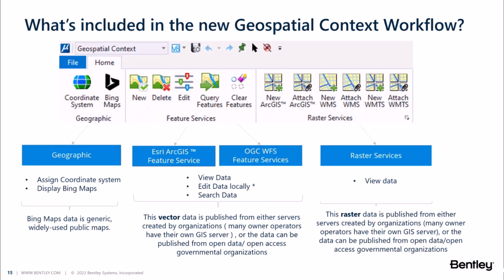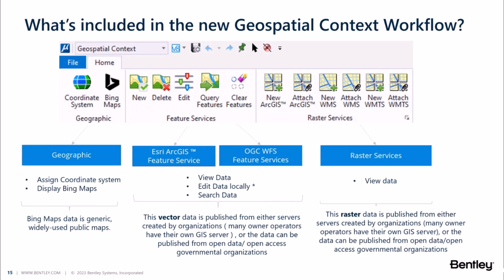governmental organizations. And we also have in the ribbon the raster services: the Esri ArcGIS map and image service and the OGC WMS and WCS. In this release, only basic security using username and password is available. In a future release, support for secure datasets with enhanced sign-on authentication will be added.